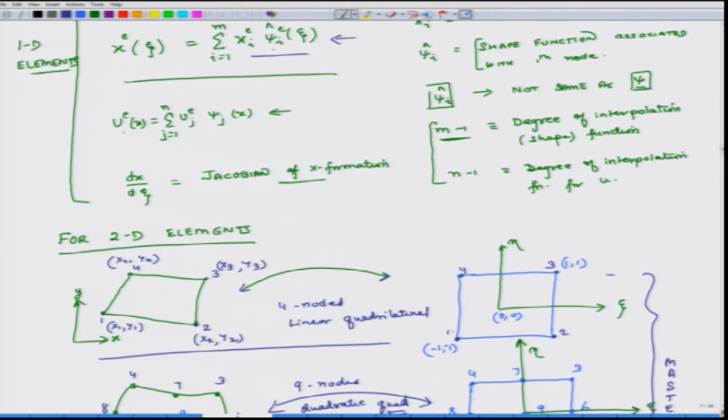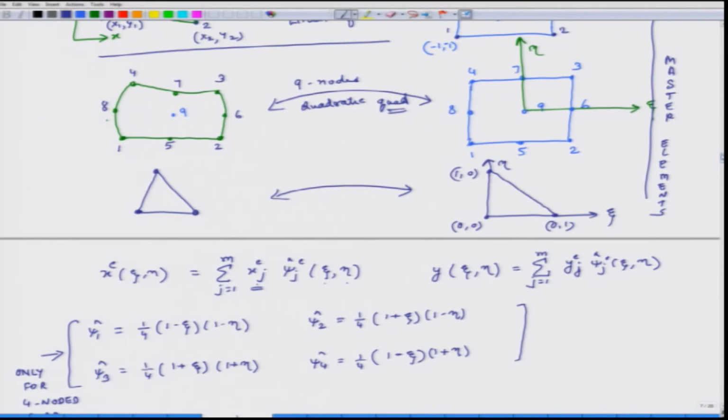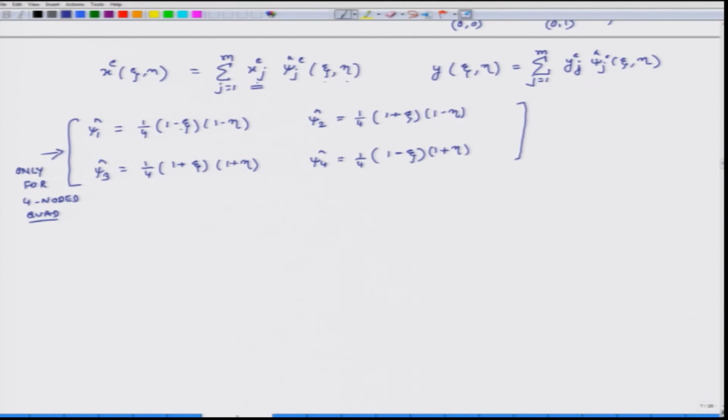These psi's have been so crafted that the value of psi 1 is 1 at node 1. Okay. What is the value of zeta and eta at node 1? This is node 1, minus 1 and minus 1. If I put minus 1 and minus 1 here, I get minus 2 times minus 2, no, 2 times 2 divided by 4, which is 1. At all other nodes, this will work out to be 0.